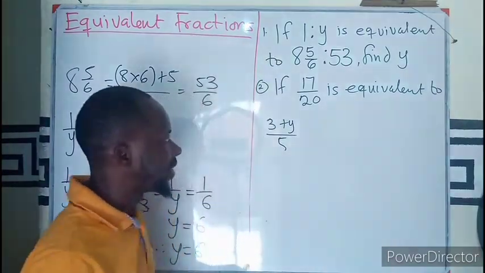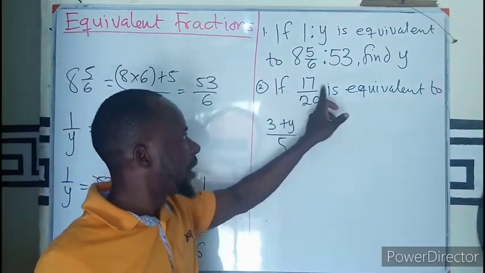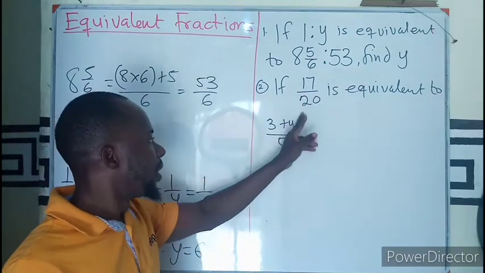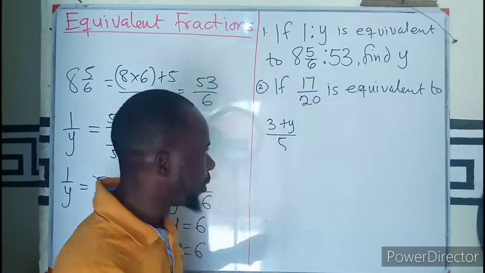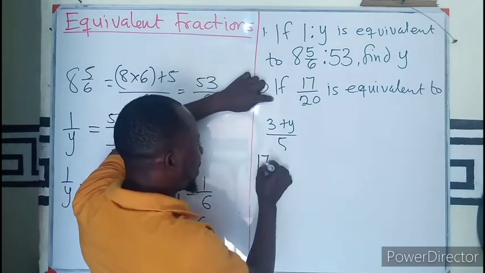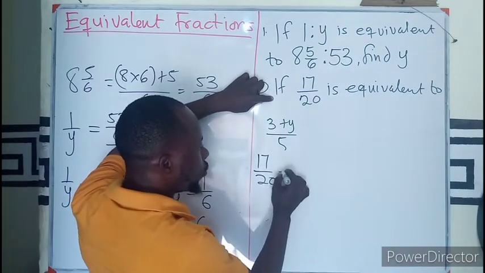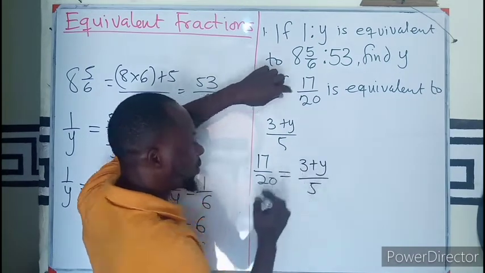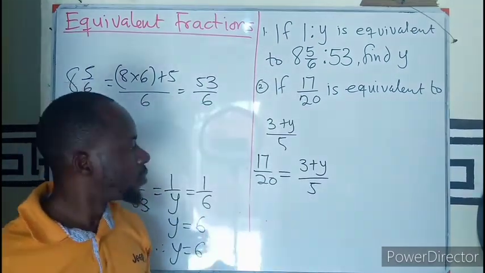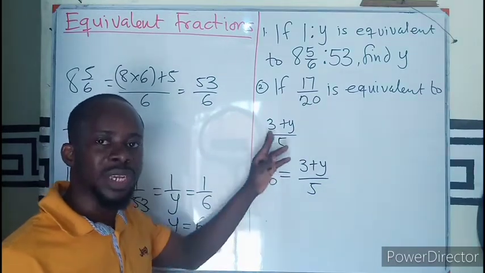Then for the second aspect, this is already in fraction form. This is also in fraction form, but they are saying they are equivalent. Meaning 17 over 20 should be equal to 3 plus y over 5. So these are two fractions.